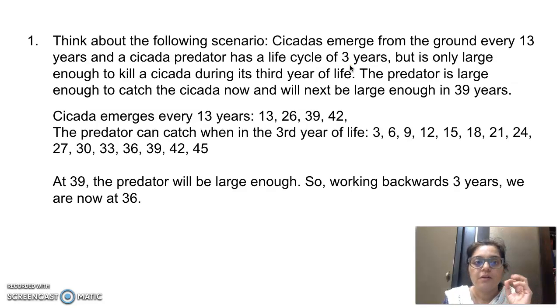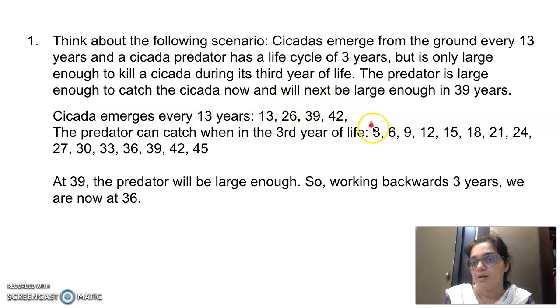The predator is large enough to catch it now, and it will be next large enough to catch it in 39 years. So if it is large enough to catch it now, that means 0, and then next it will be large enough to catch it in 39 years. So 13, 26, 39, 42.